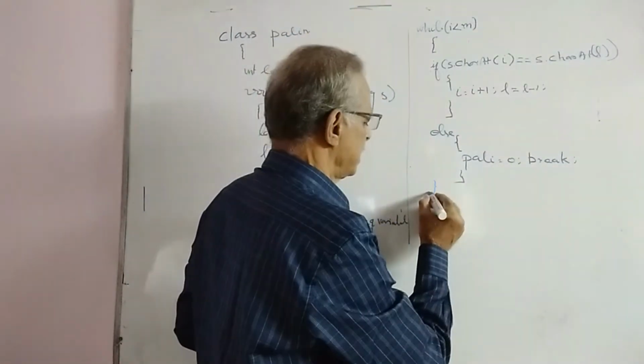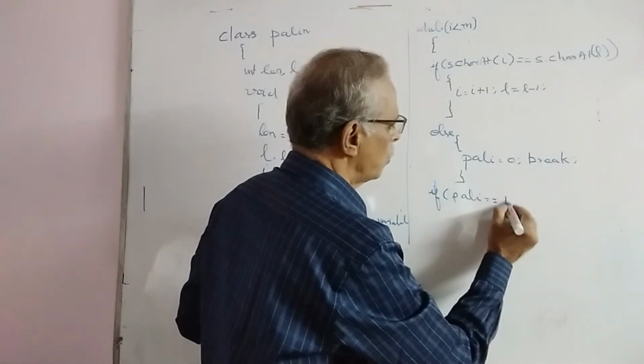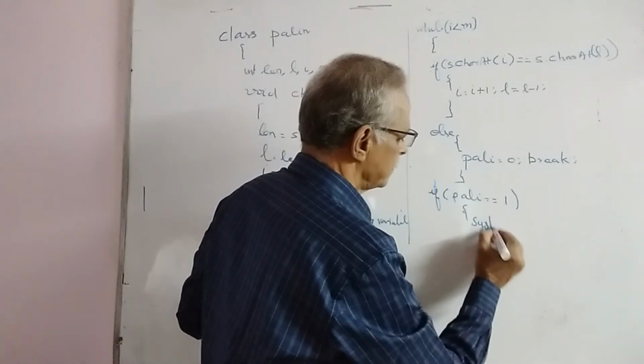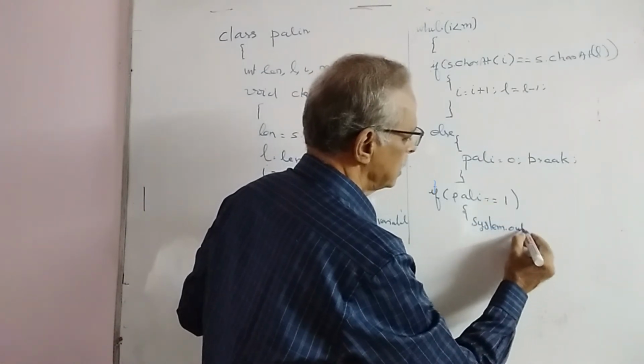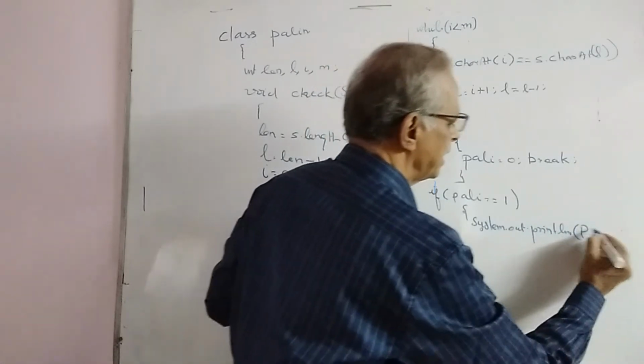Here we have to check if Pali equals 1, System out dot println palindrome.